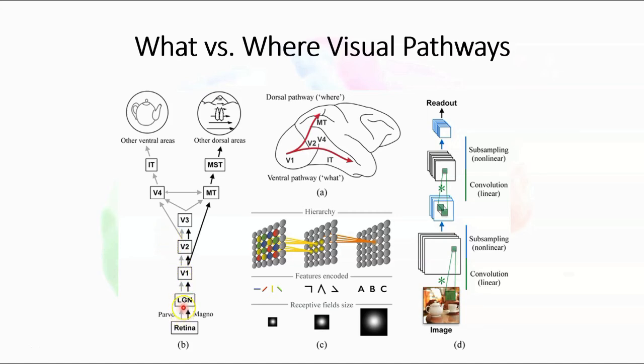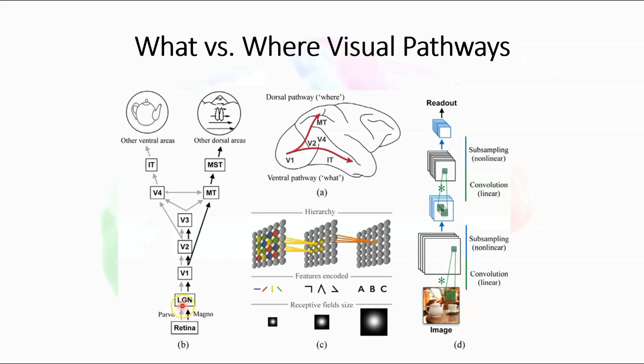The following are examples of simple projections in the ventral and dorsal streams. For the ventral stream, the information from LGN is sent to V1, then to V2, V3, V4, next to inferior temporal, and to the higher cortical areas.